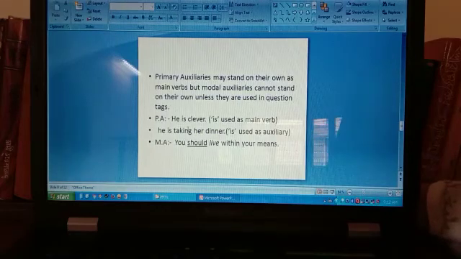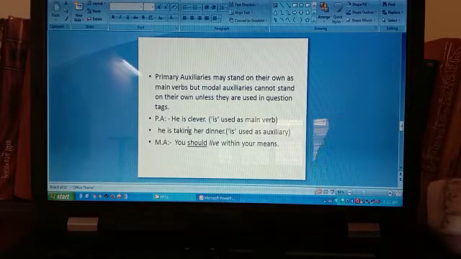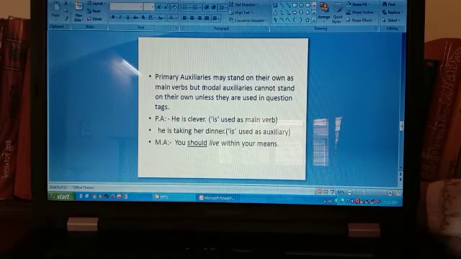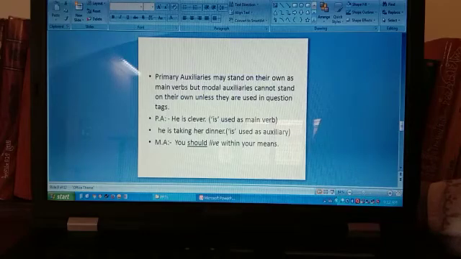Now we are coming to the second feature of modal auxiliary. Here again we will distinguish with the primary auxiliary. Primary auxiliaries may stand on their own as main verbs, but modal auxiliaries cannot stand on their own unless they are used in question tags. See here examples. Primary auxiliary: he is clever.